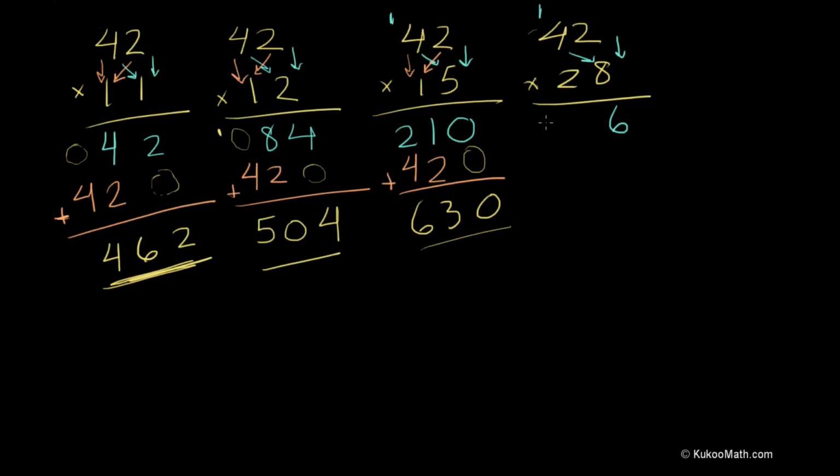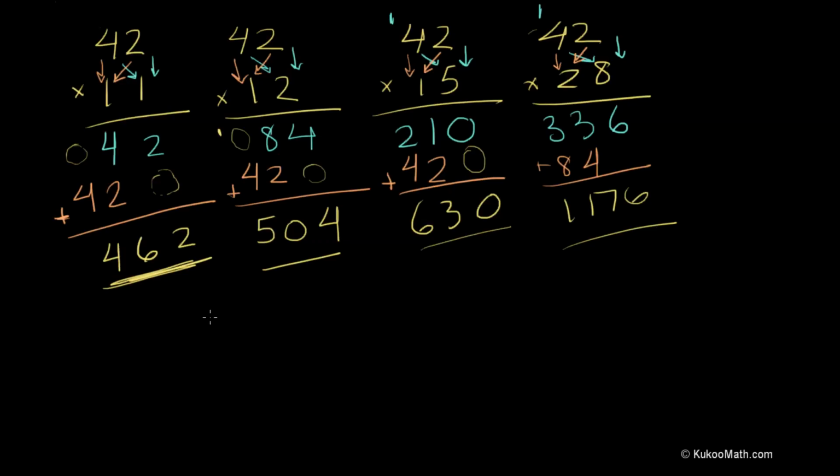Plus 1 is 33. 2 times 2 is 4. 4 times 2 is 8. And now we add. 6 plus 0 is 6. 3 plus 4 is 7. 3 plus 8 is 11. So 42 times 28 is equal to 1,176.